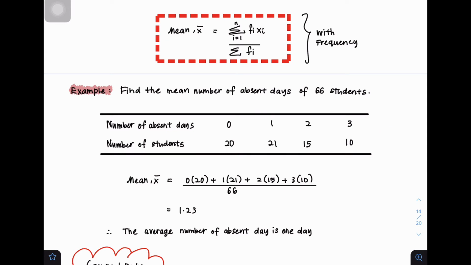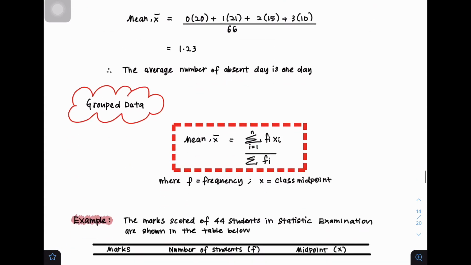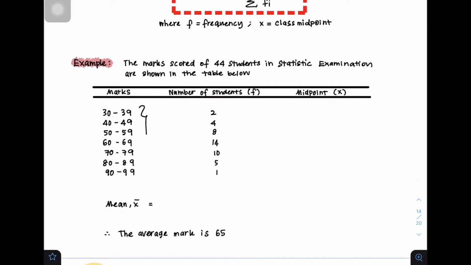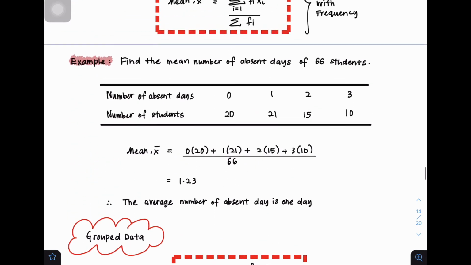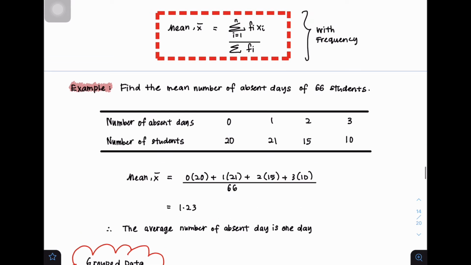So this is the ungroup data with frequency. Kenapa kita panggil dia ungroup? Kalau group, dia ada interval macam ni, class interval. This one we call as a group data. But then now we don't have any group here, but then we just have a frequency of the data.